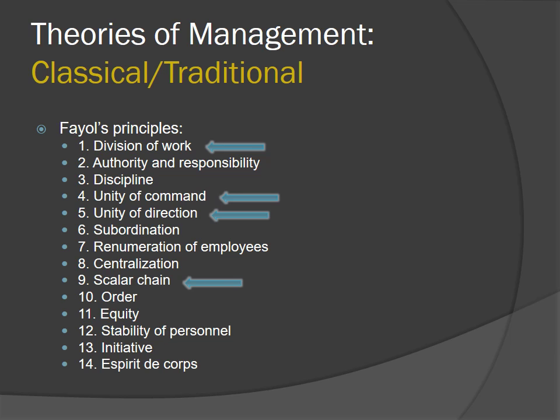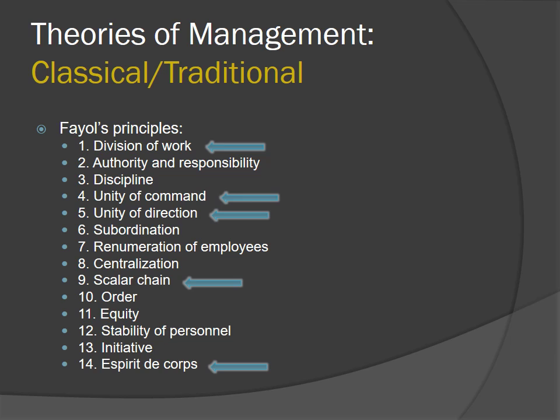So in scalar chain, authority and responsibility flow in a direct line vertically from the highest level of organization to the lowest. And lastly, esprit de corps is translated to mean that managers should strive to promote team spirit of unity and harmony among the employees.